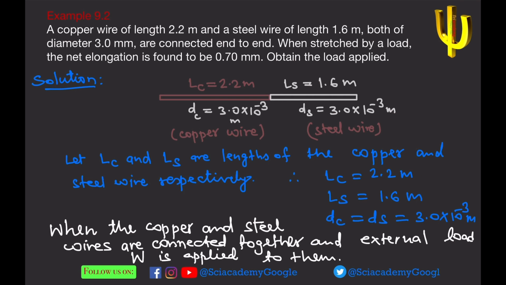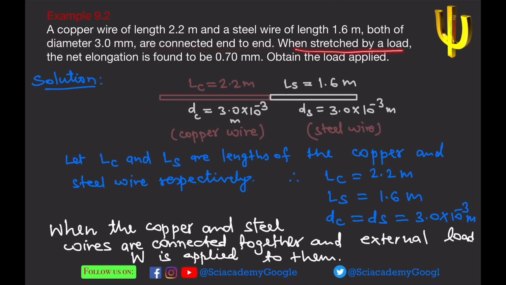Now we'll solve the numerical problem given in example 9.2. So, let's read the problem. A copper wire of length 2.2 meter and a steel wire of length 1.6 meter, both of diameter 3.0 millimeter, are connected end to end.